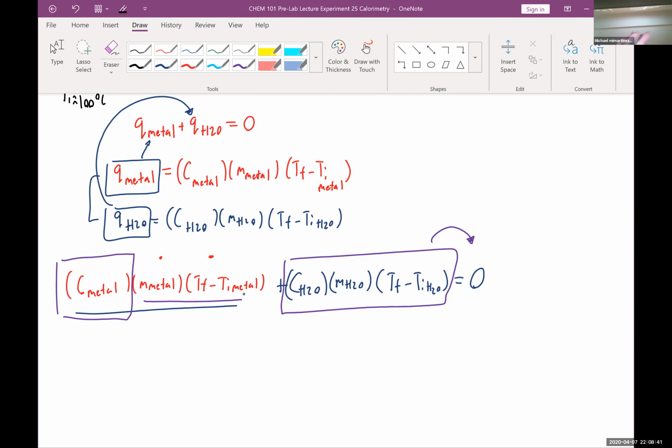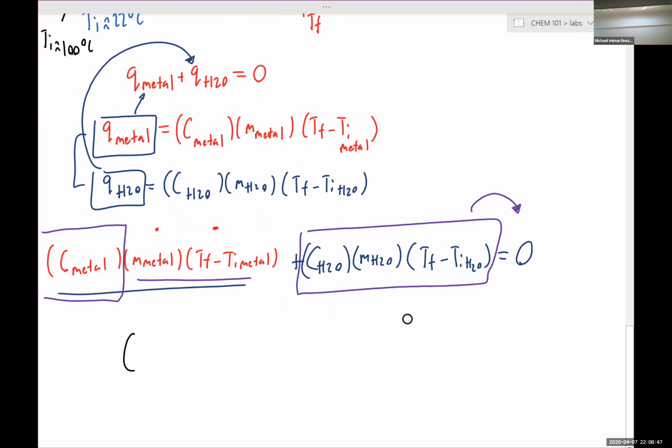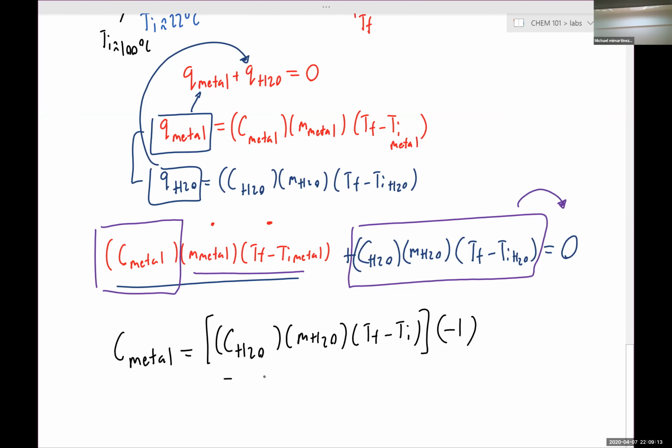I'm going to spare you too much of the algebra, so that we can get to the main conclusion after rearrangement of this equation. We get the specific heat of our metal is equal to the specific heat of water times the mass of water times T final minus T initial, times -1, divided by the mass of our metal times T final minus T initial metal.